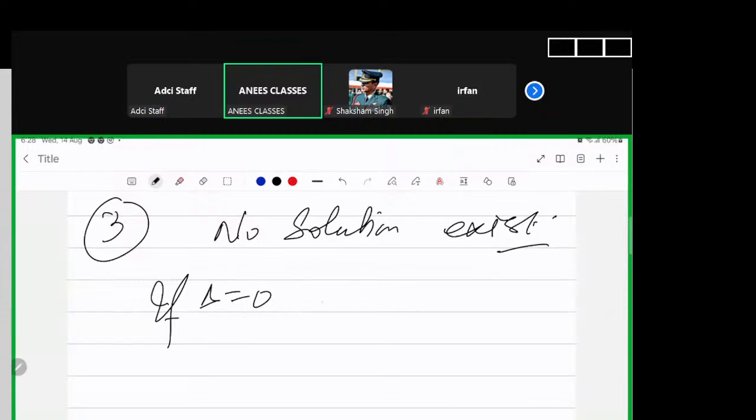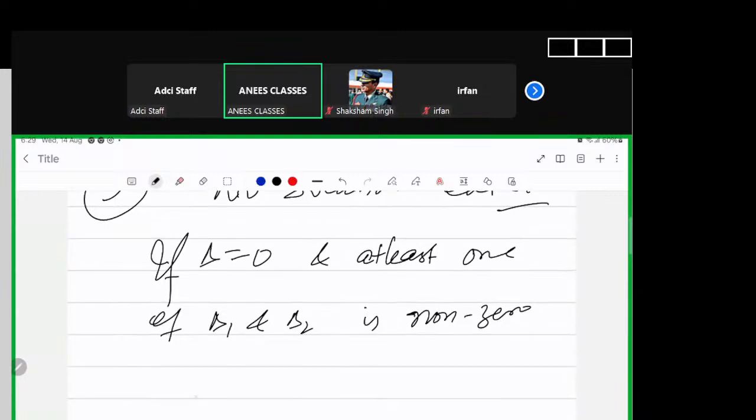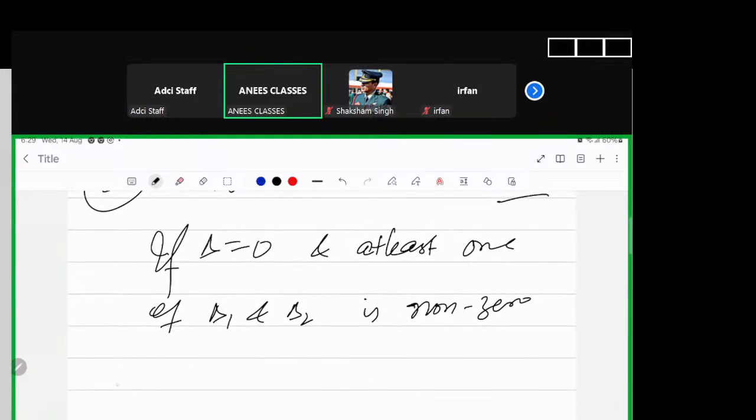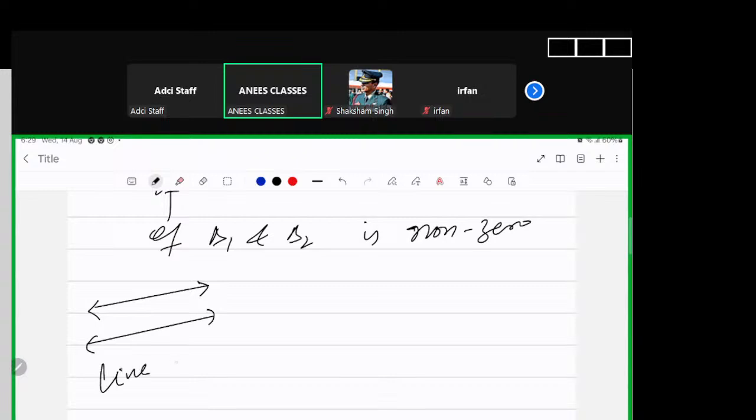If delta equal to 0 and at least one of delta 1 and delta 2 is non-zero, that means lines are parallel.